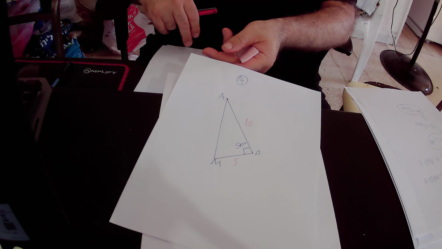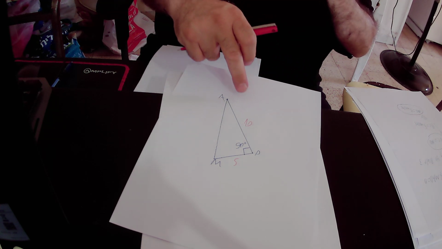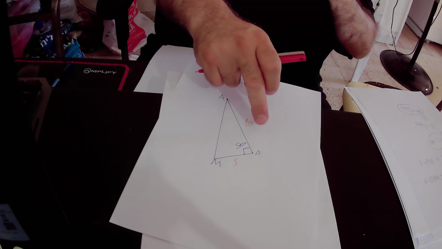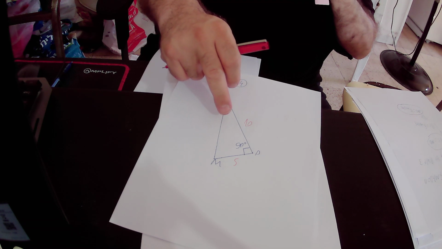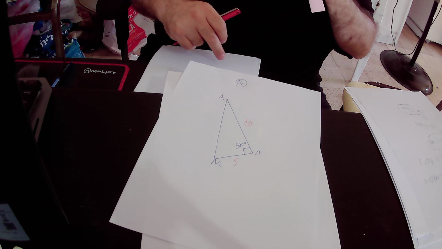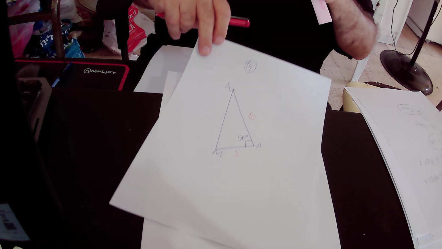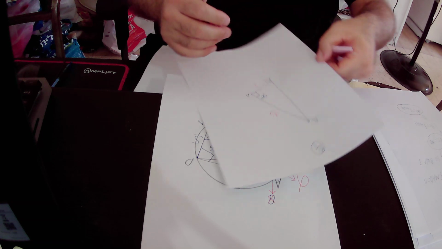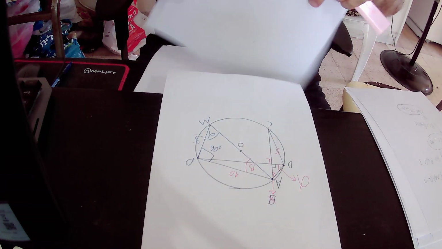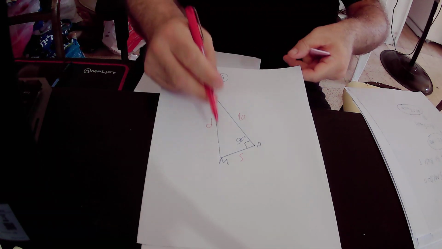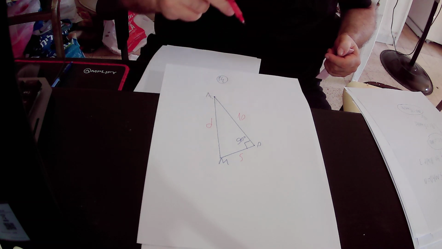So this is right triangle AMD. Side AD of the triangle equals 10 units. Side MD of the triangle equals 5 units. And AM is the diameter of the circle. I marked it as D, the abbreviation for diameter. So side AM, the diameter of the circle, will be equal to D.